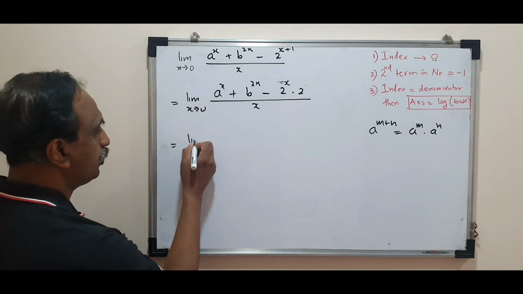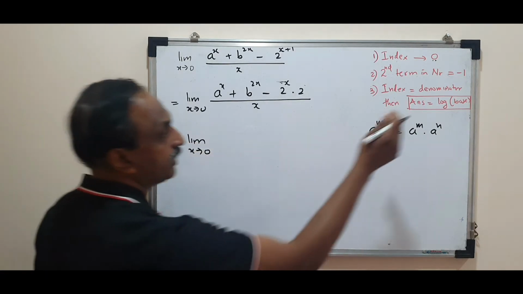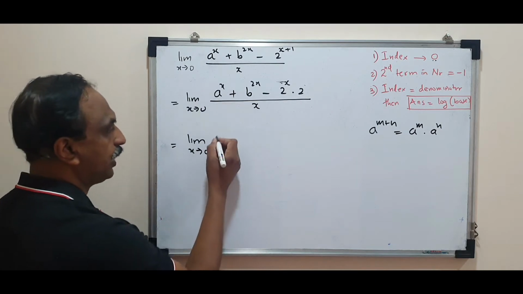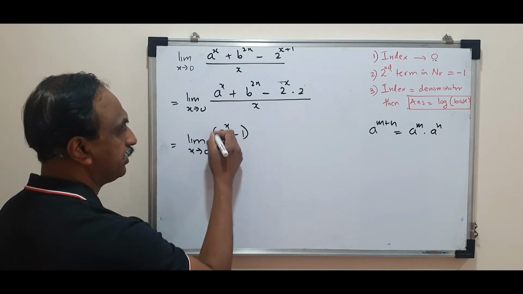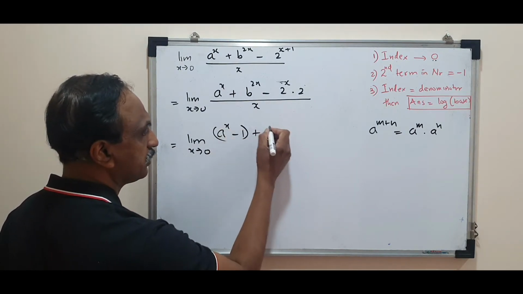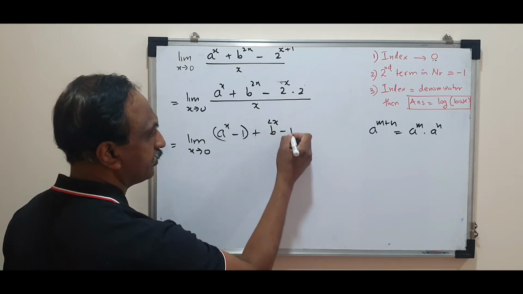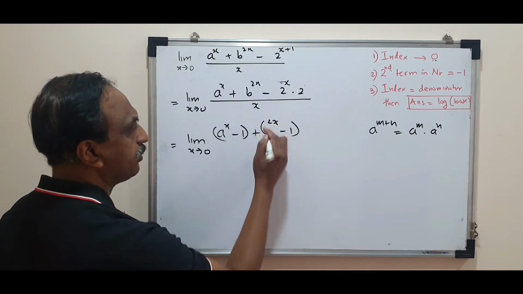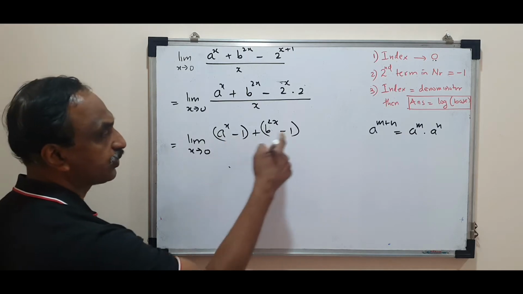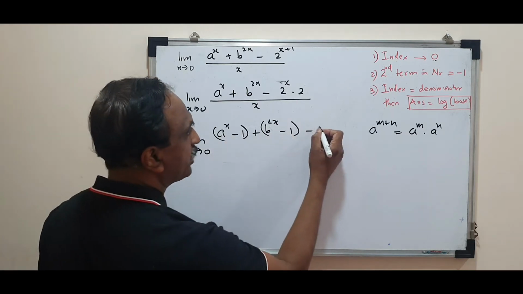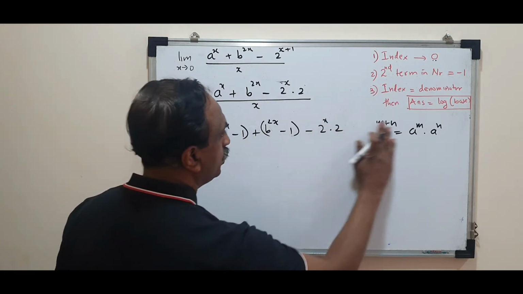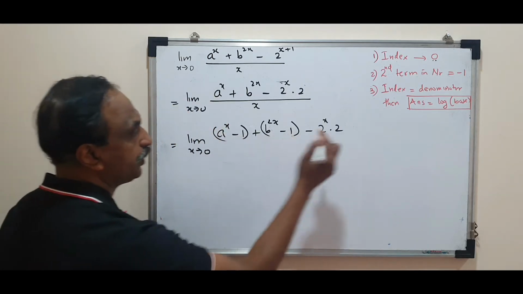Now to get the second condition satisfied, I need a minus 1. So a raised to x minus 1, b raised to 2x minus 1. So how many minus 1? 2 minus 1, minus 2 raised to x into 2. Whatever extra numbers I put, I add that.